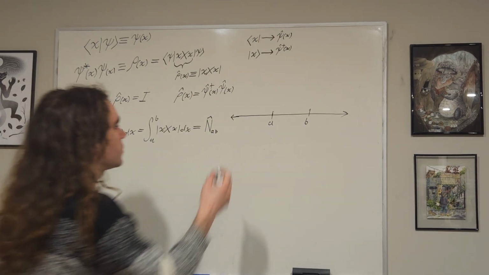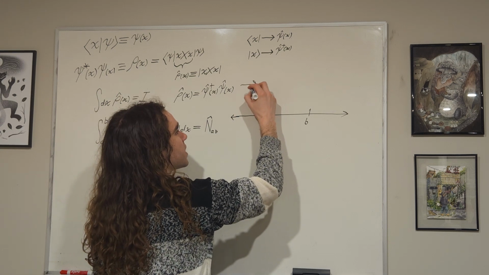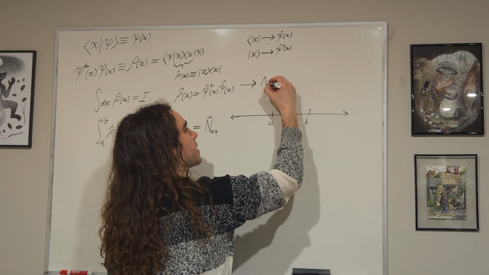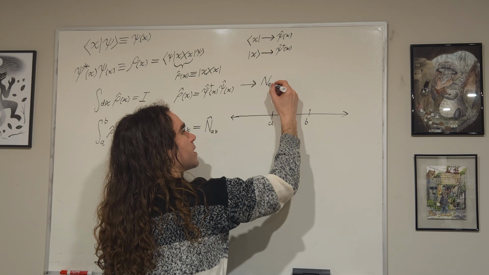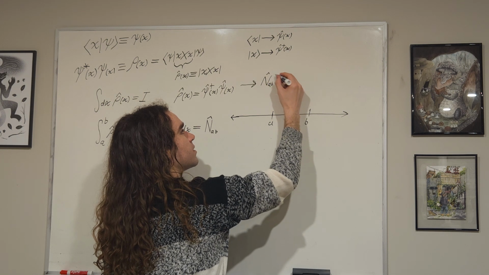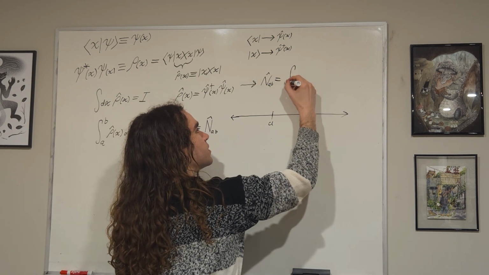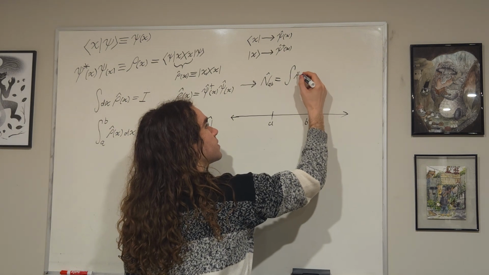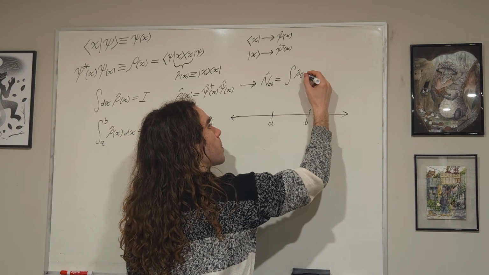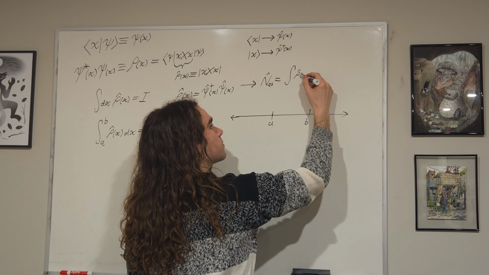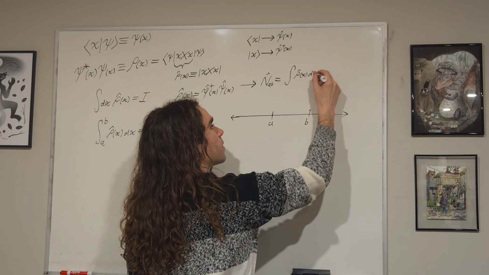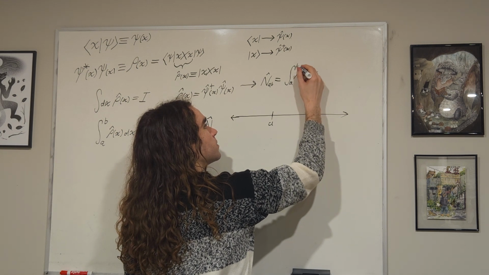And you can use this, in second quantization, to construct a counting interval operator too that counts the number of particles between a and b, and you do it the same way. It's just the integral of particle density from a to b.